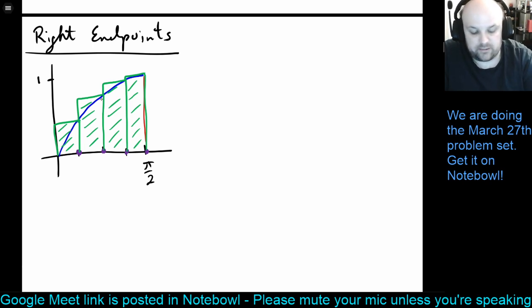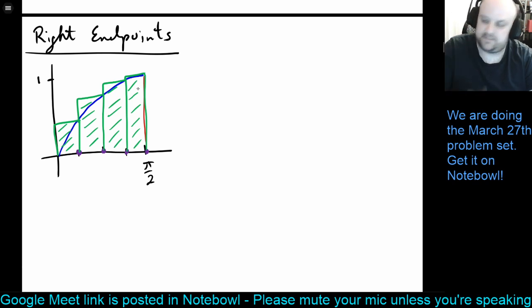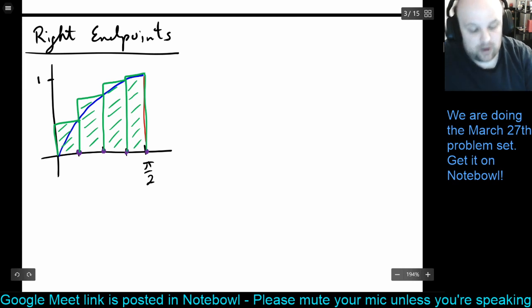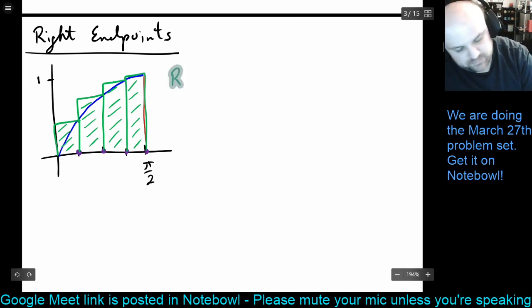Because again, if you look at the right corner of each rectangle that touches the function, that's what determines how tall the rectangle is. That was a bit of a word soup there. So R4 in this case, please change colors. Thank you.